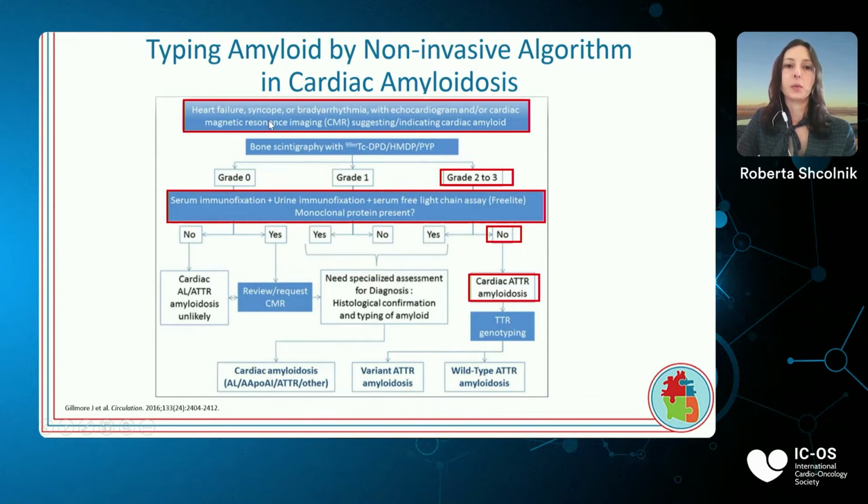When we face a patient with clinical signs, symptoms, and imaging exams leading us to think about the hypothesis of cardiac amyloidosis, and we perform all the screening methods for a monoclonal protein, a monoclonal gammopathy that we've just seen in the other presentation, and we combine these with a bone scintigraphy with DPD or PYP, and we obtain a normal screening for monoclonal protein, so no monoclonal protein results, and a grade 2 or 3 uptake in the cardiac area in bone scintigraphy with DPD or PYP, we are in front of a patient that mainly has TTR subtype.